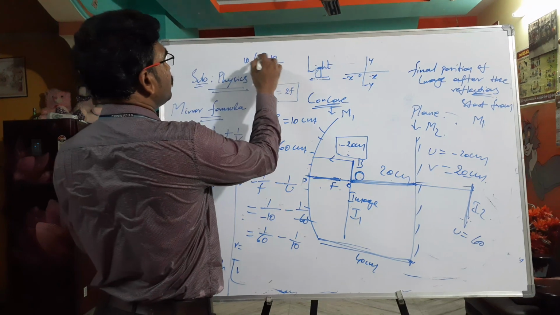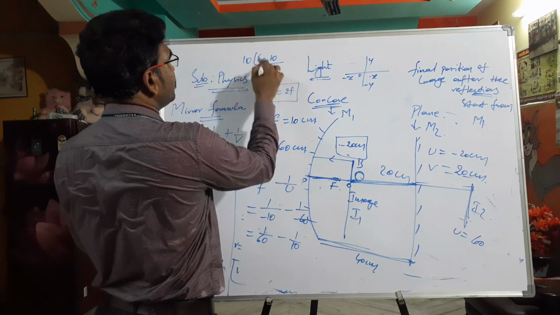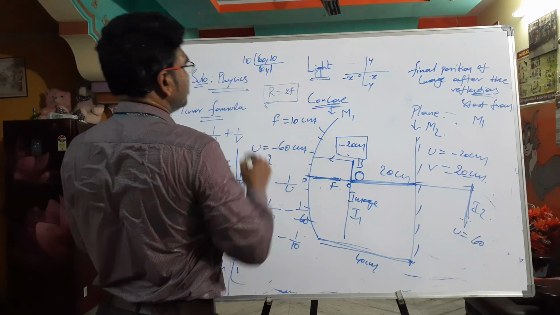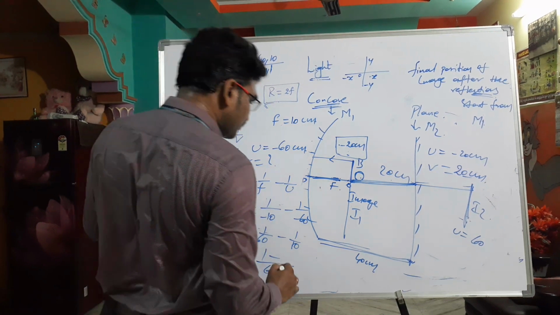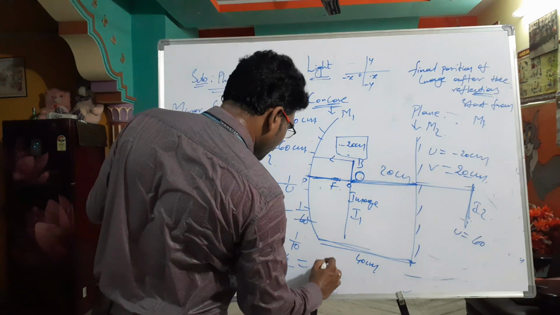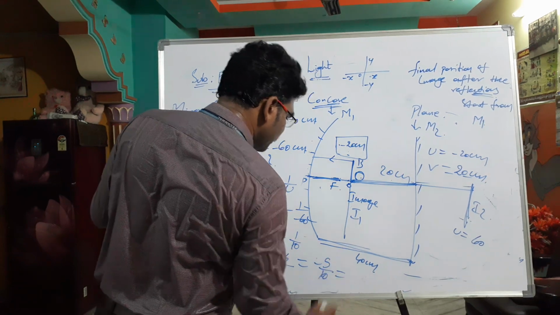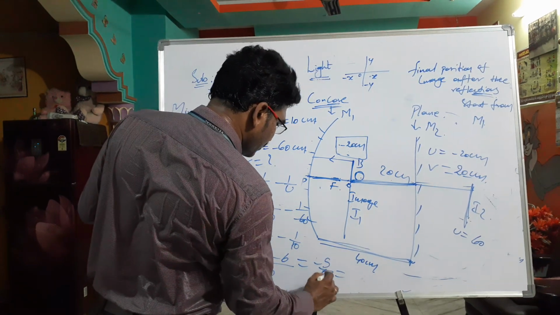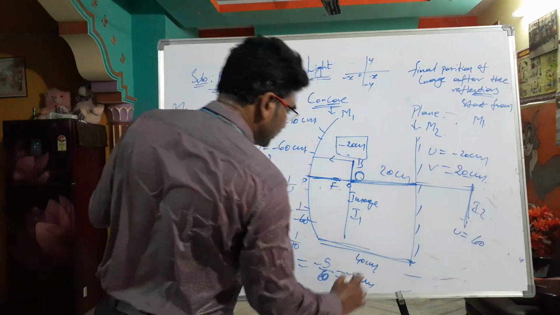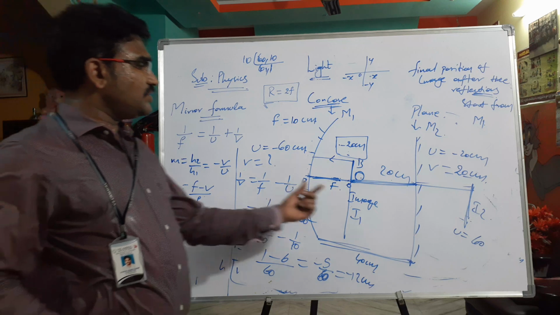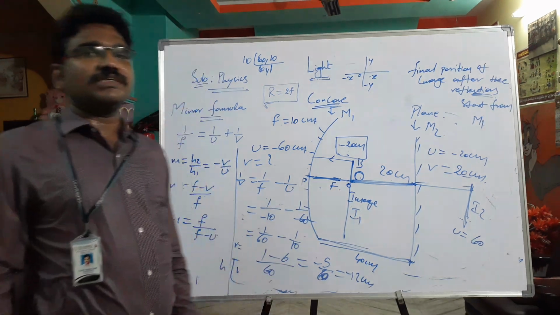So again LCM is 60. So 1 minus 6, that is going to be minus 5 by 60. So it is going to be 12 centimeters, minus. So again the final image is going to form at minus 12 centimeters.